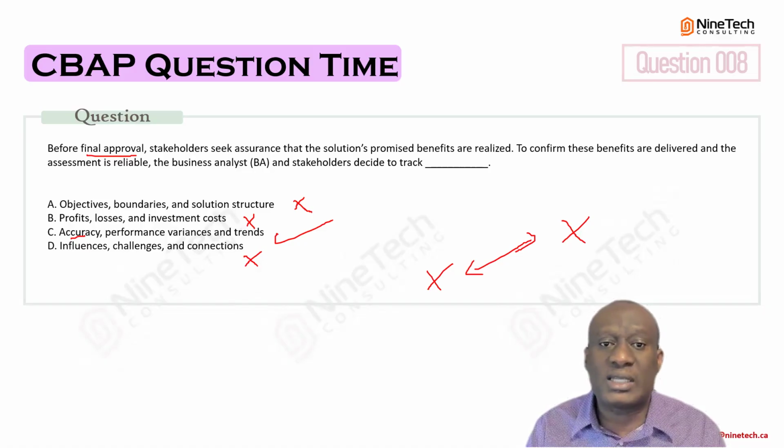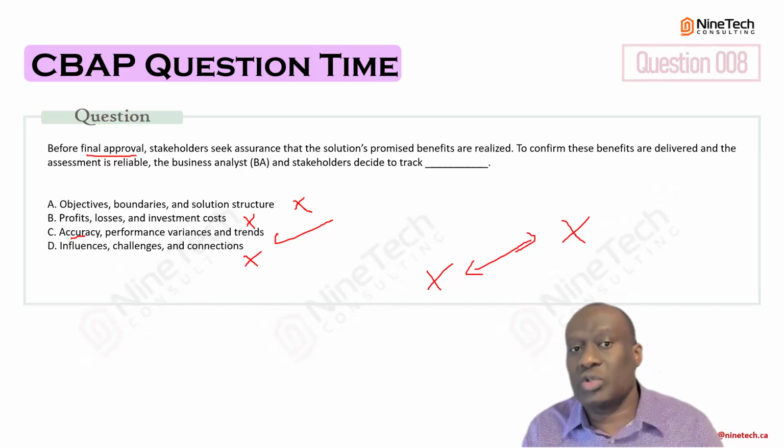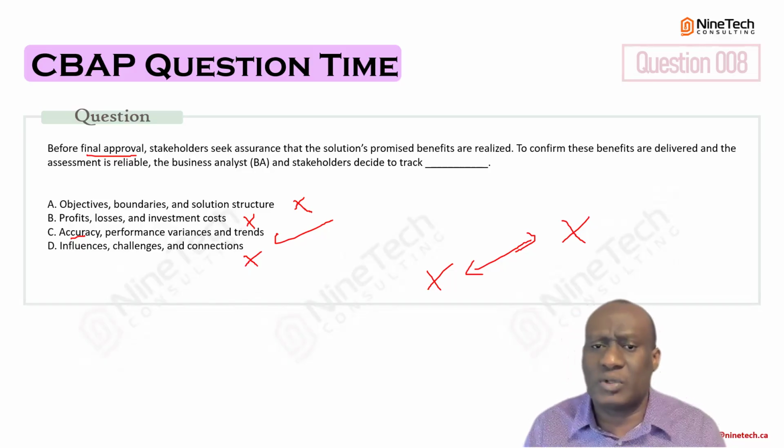Accuracy: how accurate the system is going to be in providing benefits to the business. Performance variances: checking the gap between how we expect the system to perform and how the system is actually performing. I think that variance is also going to help us. If that variance is low, that is an assurance to the business that the solution is going to work well, and you can get that from your test reports and from your testing.